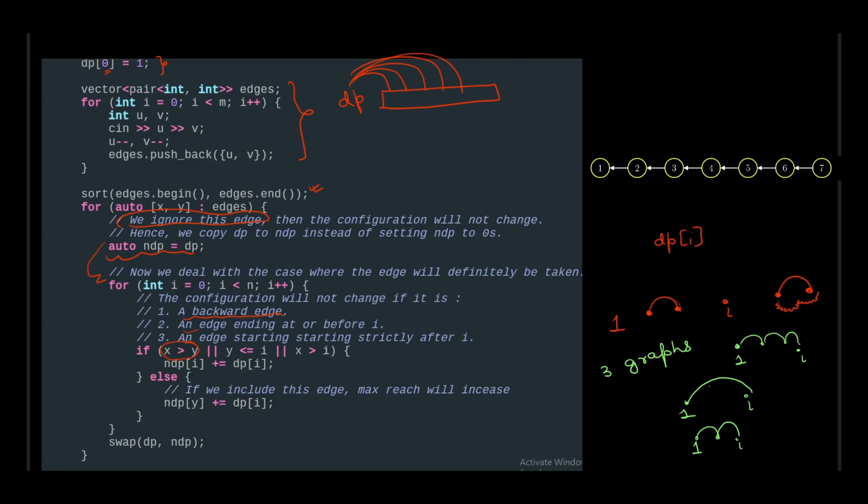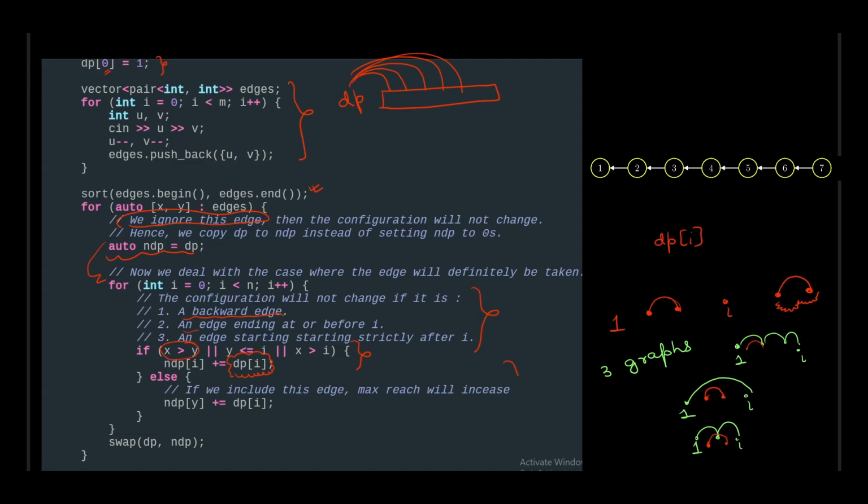Now if you add an edge like so, the maximum reachable vertex is still i. But if you add this edge into all of these 3 configurations, you will get new configurations, right? So even if they do not change the answer, they increase the answer by the number of graphs that you already have that reach vertex i. This is the case where they do not change the configuration after taking the edge.